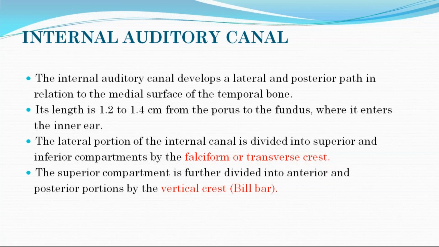The anterosuperior part is the pathway for the facial nerve, and the posterosuperior is for the superior vestibular nerve, and the anteroinferior is for the cochlear nerve, and the posteroinferior is for the inferior vestibular nerve.